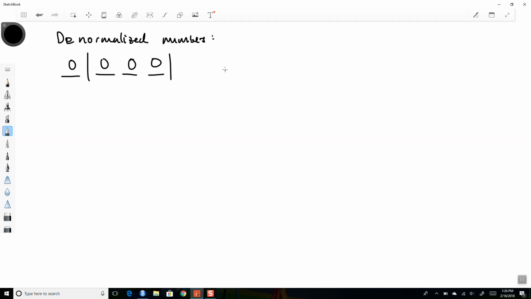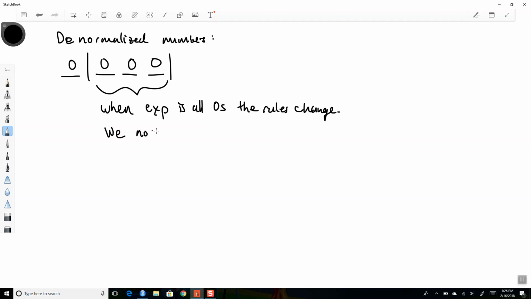Okay, if the exponent is all zeros, the rules change, okay? And what changes is that we no longer assume that the mantissa has a 1 in front of it.